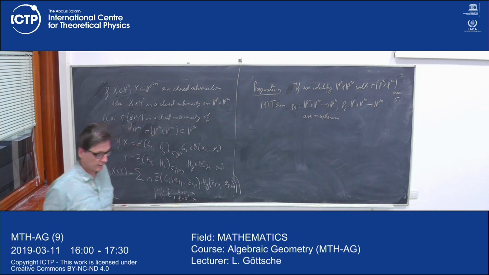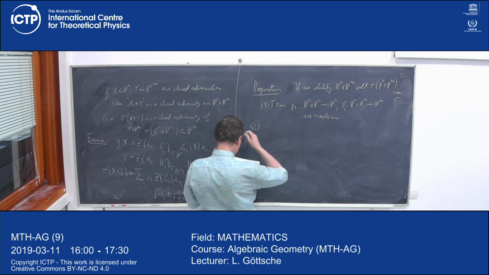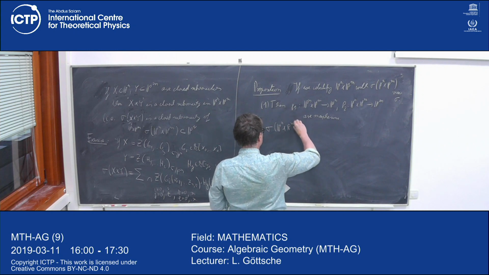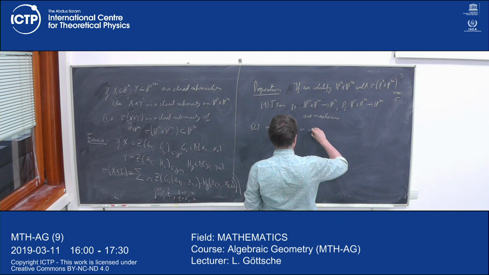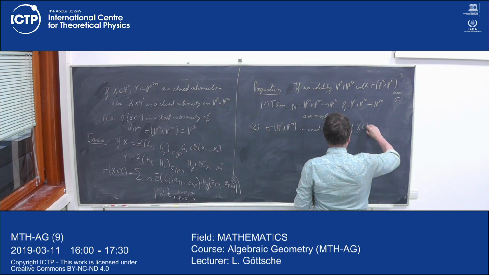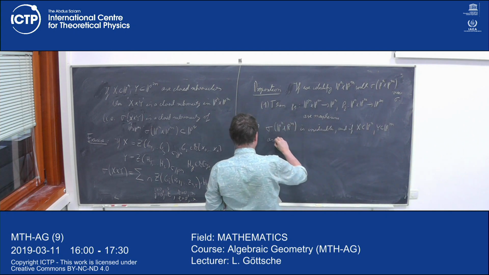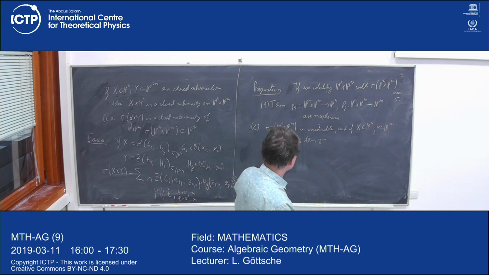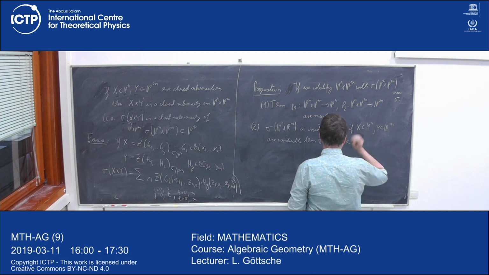And the second statement is that sigma of Pn times Pm is irreducible, and if x in Pn and y in Pm are irreducible, then sigma of x times y is irreducible.